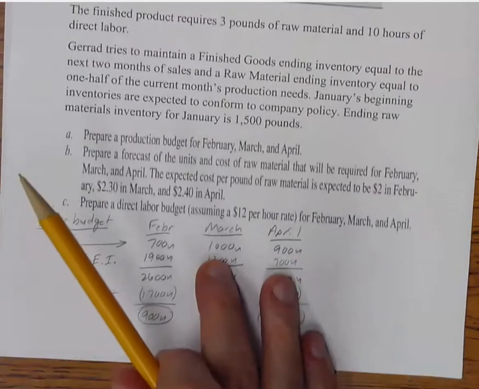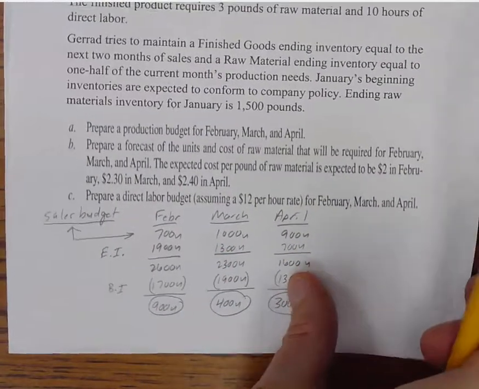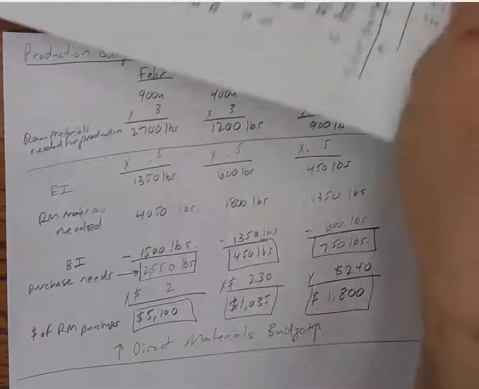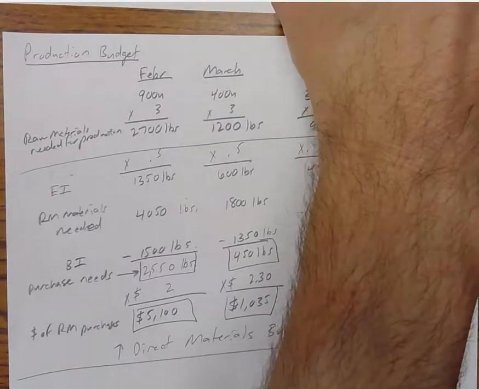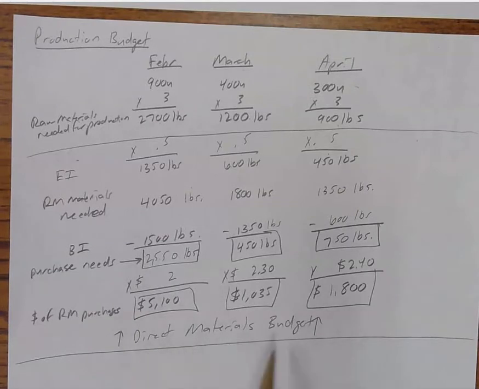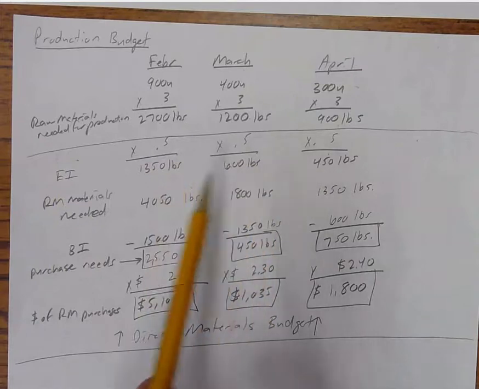Okay, and you see we have our production budget here. Then what we did in the second video was we calculated our direct materials budget, and I put a line here to kind of separate them.